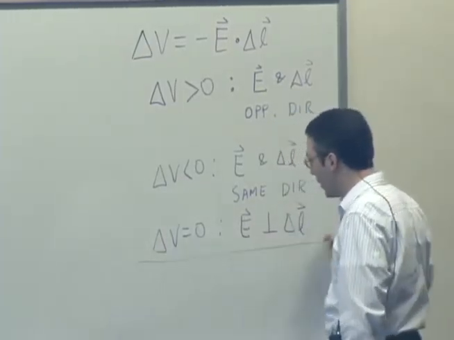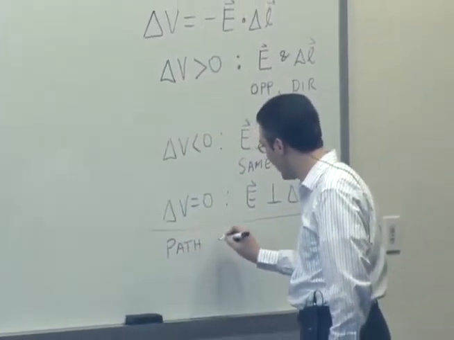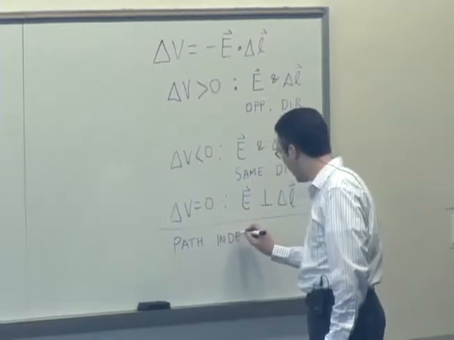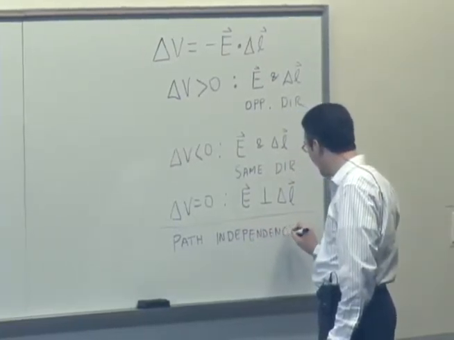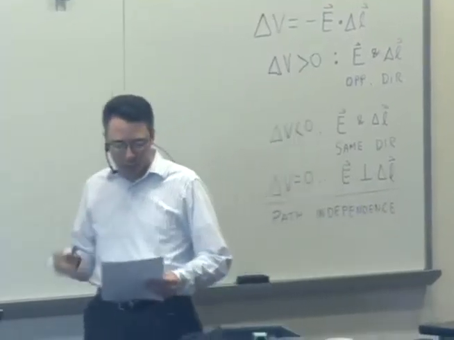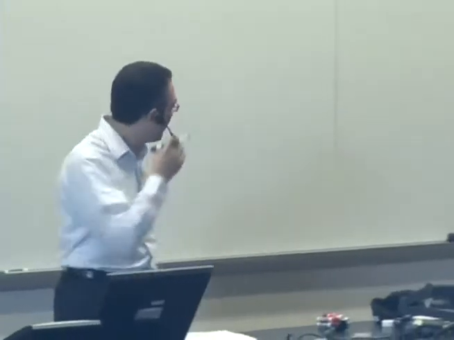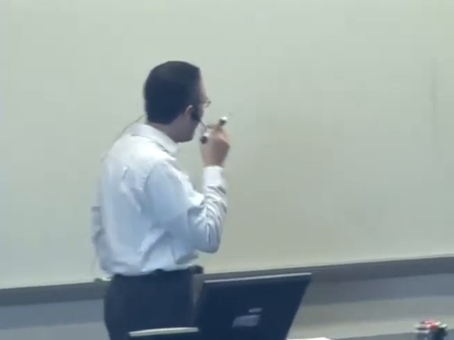We also mentioned last time briefly path independence, the idea that I can choose any path I want from one point to another when I'm looking for the potential difference between 2 points, and I'll get the same result. The sign rules make it easier for us to check results.